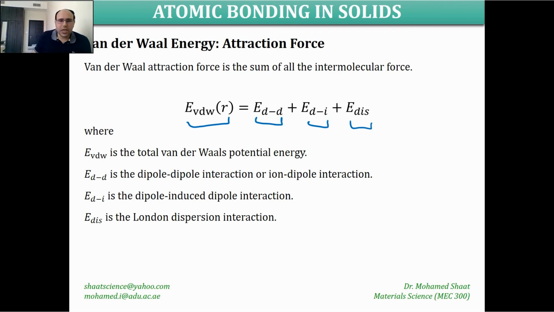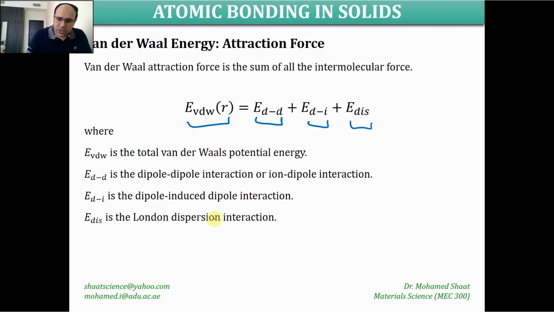Make sense? So EV stands for van der Waals energy, the total van der Waals potential energy. EDD stands for the Dipole-Dipole interaction, or ion-dipole interaction in case that you have an ion and a molecule. EDI stands for the Dipole-Induced Dipole interaction, and the dispersion stands for the London dispersion interaction energy.